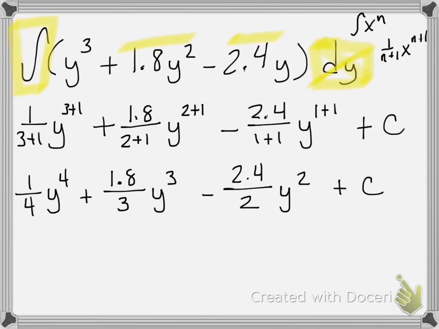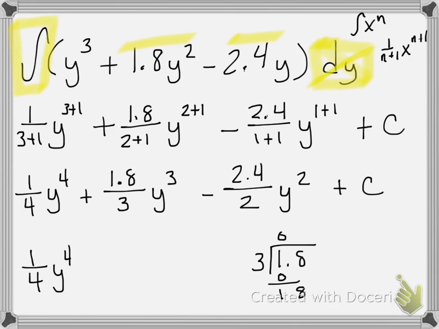Alright, so since we can still clean that up even more, we're going to have 1 over 4 y to the 4th, and we're going to be doing our decimals here, so you could plug it in a calculator, or just know that say 1.8 divided by 3, that'll go in 1 zero times, so it's going to be 0.